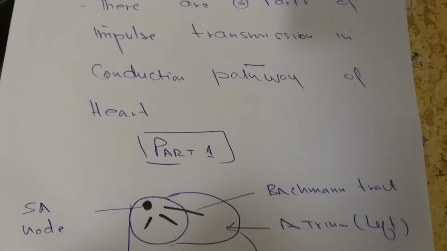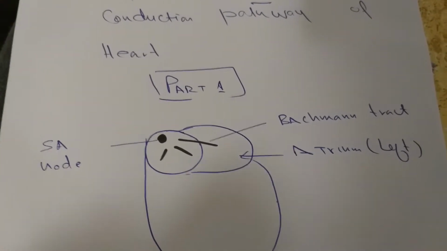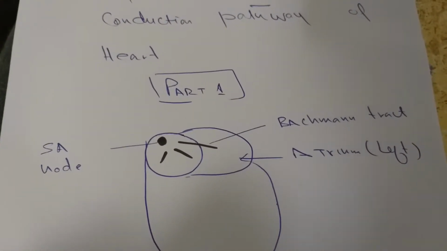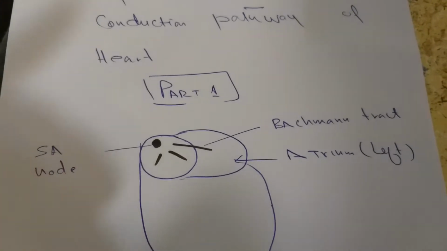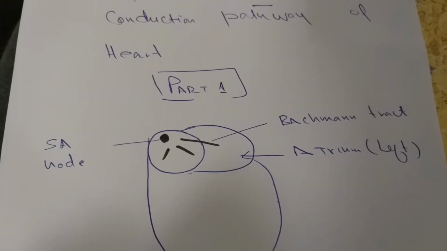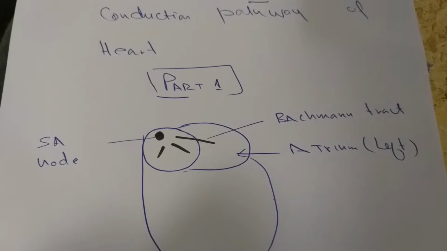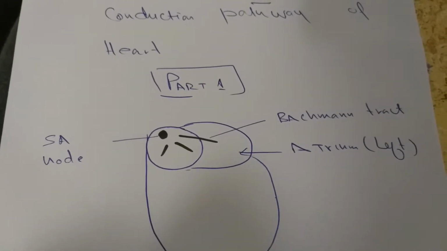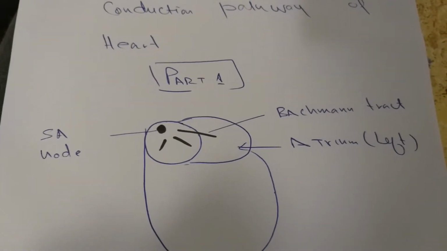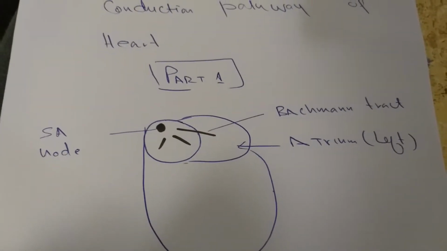Part one is related with generation of impulses by the SA node. The SA node automatically generates impulses, and these are transmitted to the atrial muscle through the Bachmann tract.